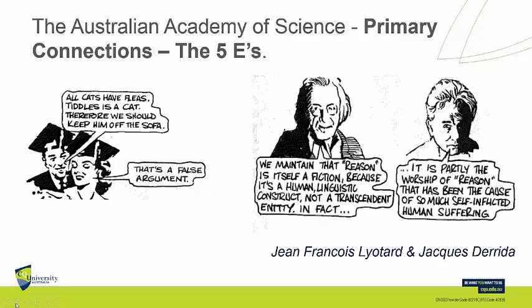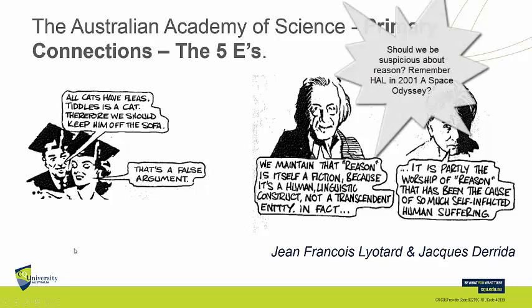We can see over here that we've got Lyotard and Derrida. These are two postmodernist thinkers who are very suspicious of the concept of reason. We maintain that reason is itself a fiction because it is a human linguistic construct, not a transcendent entity. In other words, reason doesn't exist of its own. It's actually mediated by people.